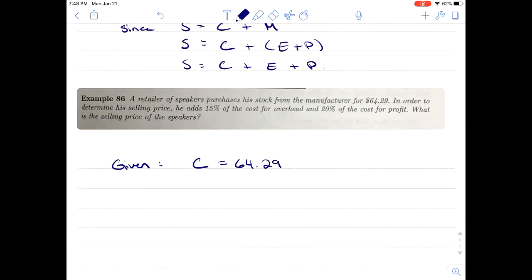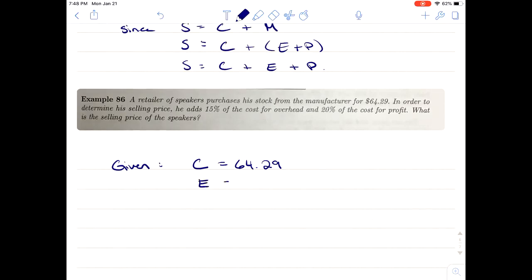And then I'm told that he adds 15% of the cost to account for the overhead. The overhead we denote by E. E is 0.15 times the cost, or we can just say 0.15 C.